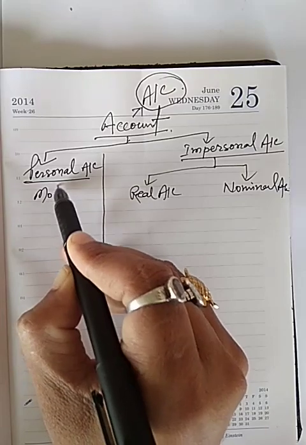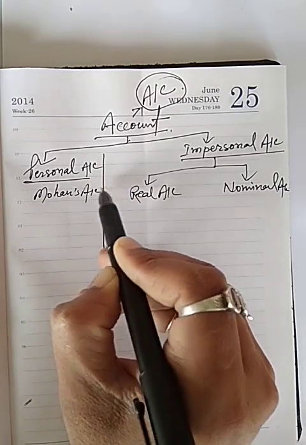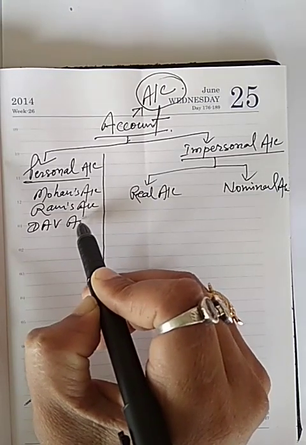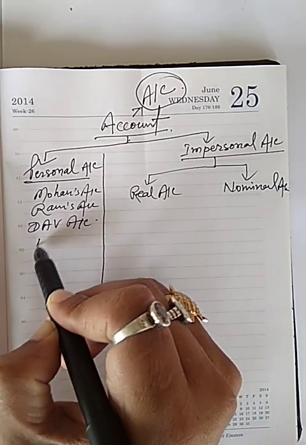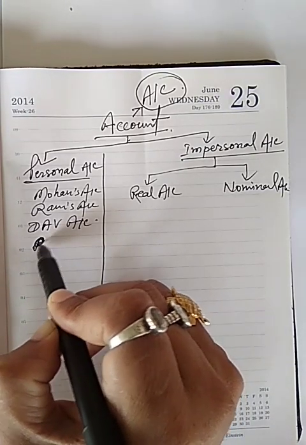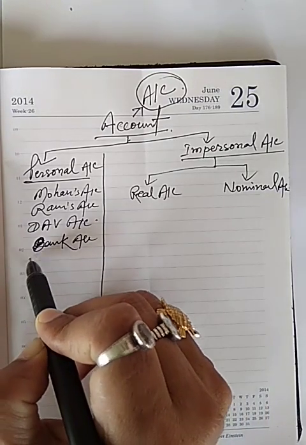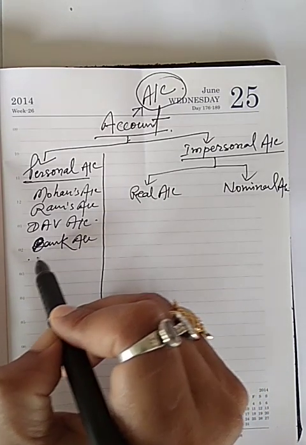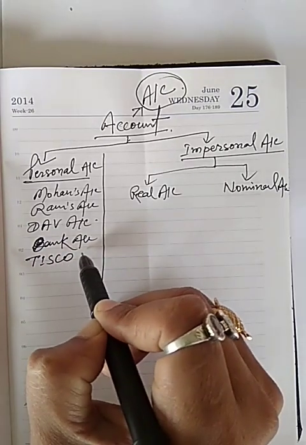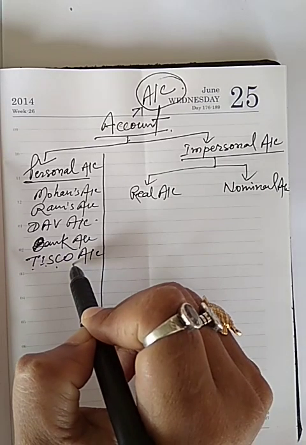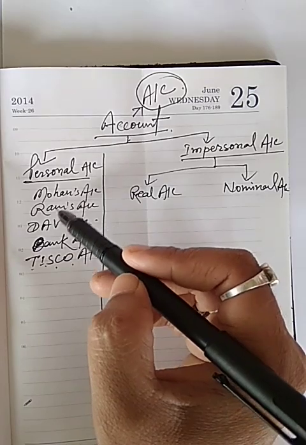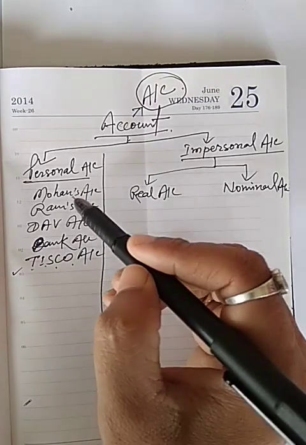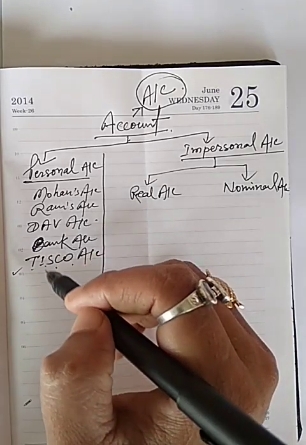For example, Mohan's account, Ram's account, DAV account, bank accounts like SBI, Canara Bank, etc., Tisco account, Tata Iron and Steel Company, etc. The names of institutions, companies and individuals are recorded as personal accounts.